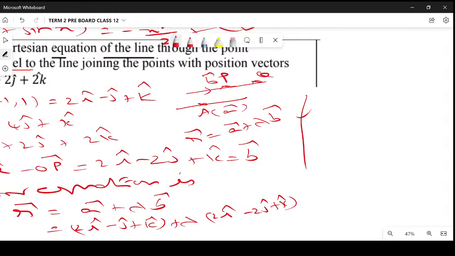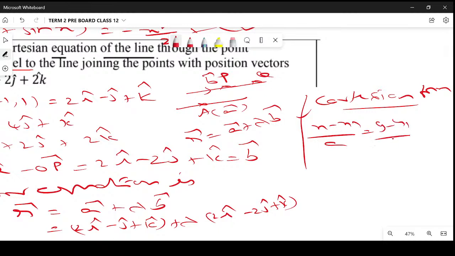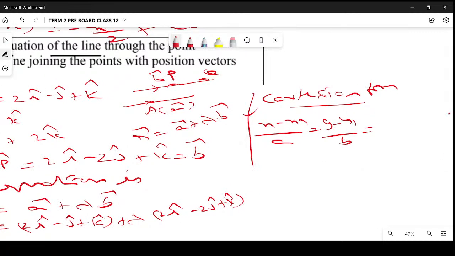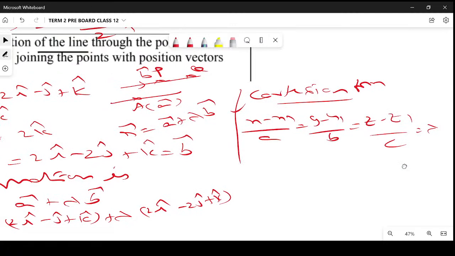When they are asking for the Cartesian form, we write (x minus x1) by a equal to (y minus y1) by b equal to (z minus z1) by c, which is equal to lambda.